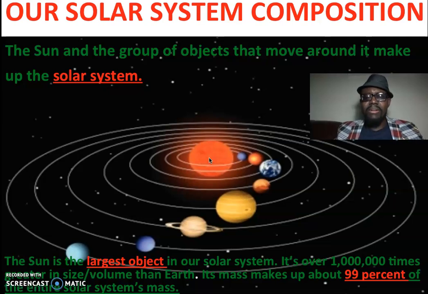It's huge. Its mass makes up about 99% of the mass of the entire solar system. So the sun is very, very big in our solar system.